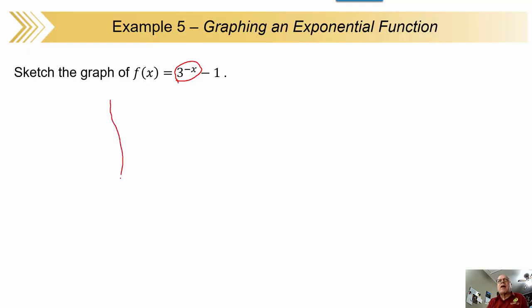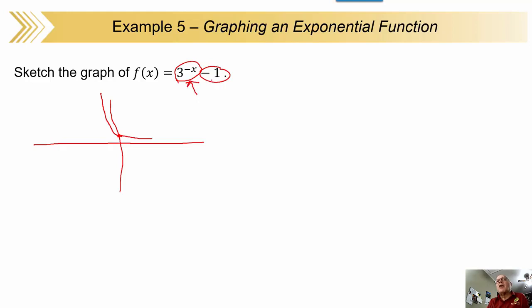So if you're going to graph that, excuse the drawing here, you know that that's going to go through (0, 1), this basic one, and because it's a negative exponent, it's going to go something like this, roughly.